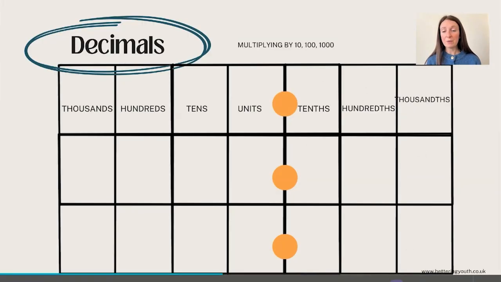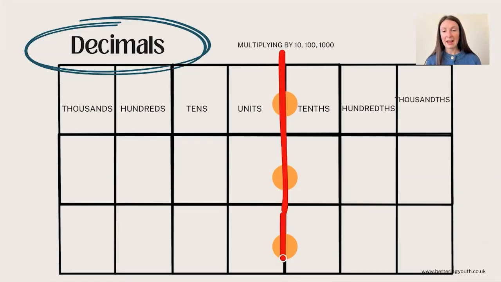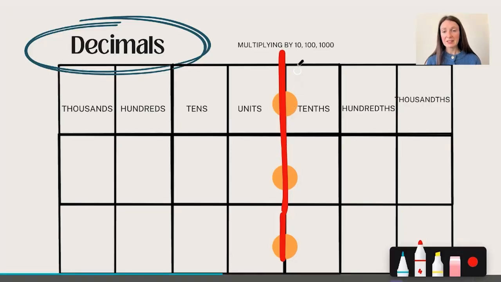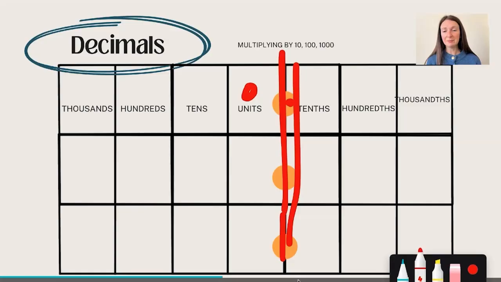When we put this line down the middle and our decimal, it's almost as if the unit is a 1 and the decimal is like a hypothetical one because it's also a circle. So it's like a mirror line is being presented here.